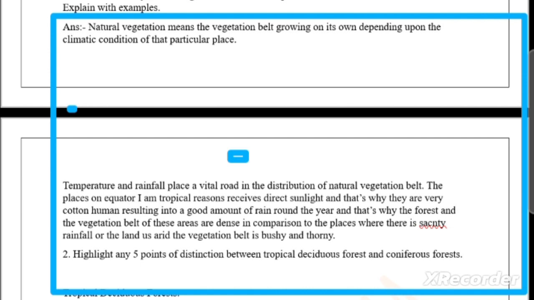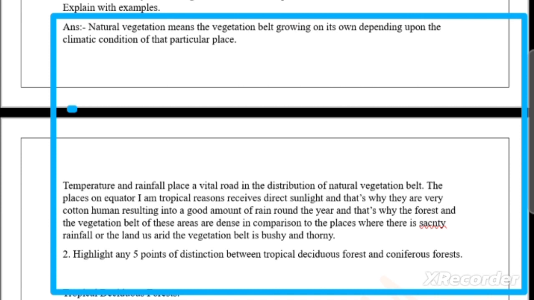ROLE, not road. This is a typing error. In the distribution of natural vegetation belt, the places on the equator, that is the tropical regions, receive direct sunlight, and that's why they are very hot and humid, resulting in a good amount of rain around the year, and that's why the forest and vegetation belt of these areas is always dense and green around the year.